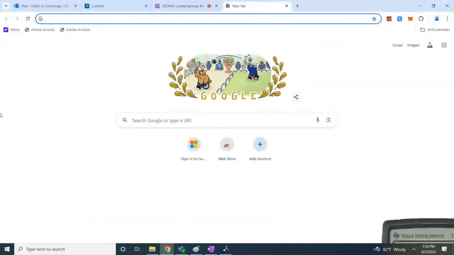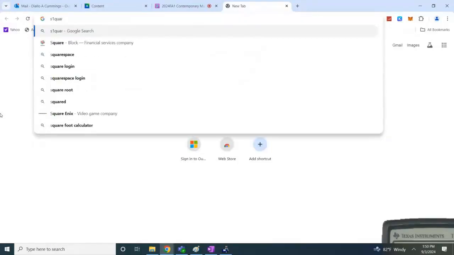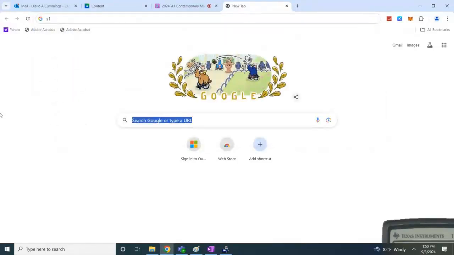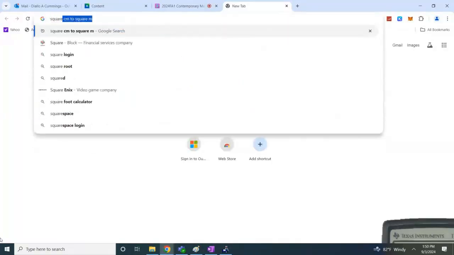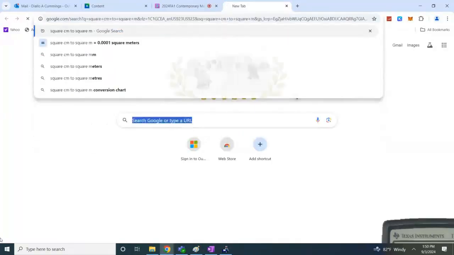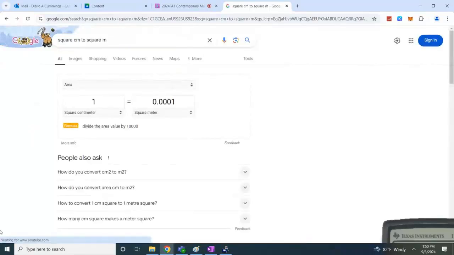I went to Google and I put in square centimeters. It's still in the search history. And so I put in 300 and it kind of did it for me.